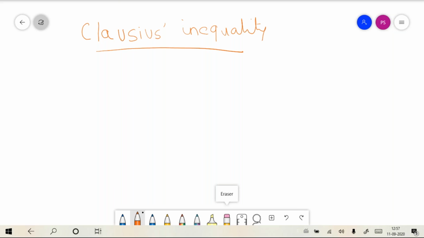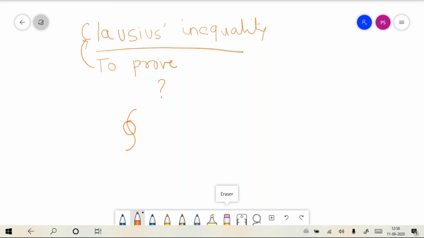The plan is to discuss what is known as the Clausius inequality, and I'm going to prove this. Okay. So what is this Clausius inequality? First let me write it down.